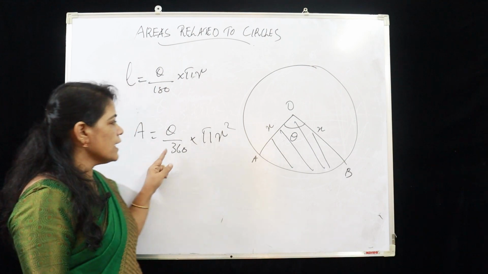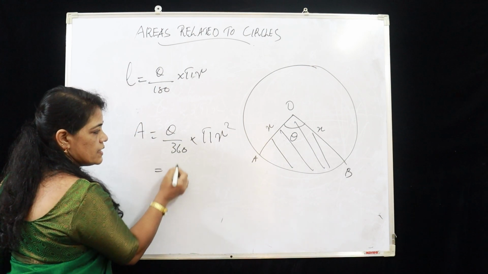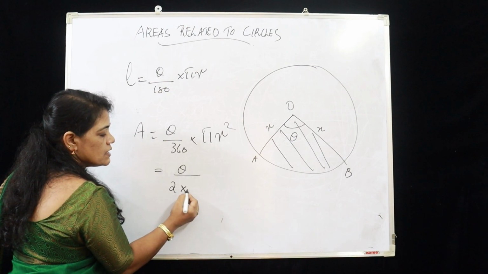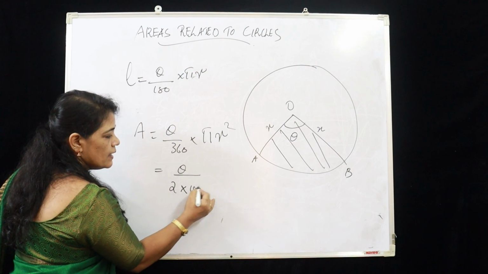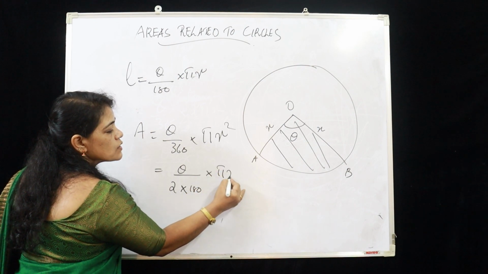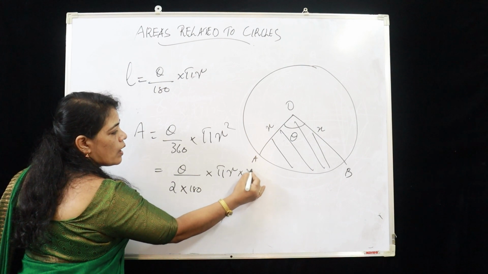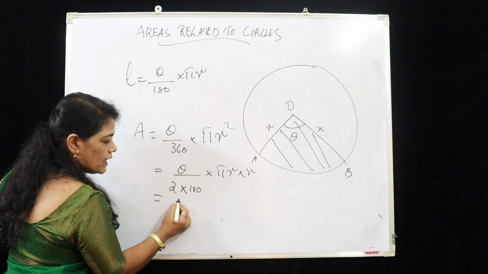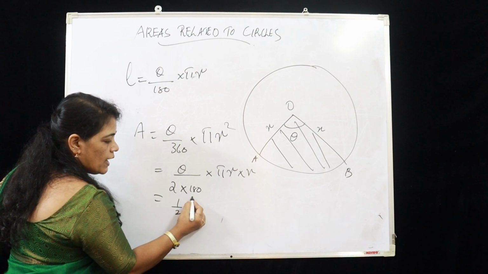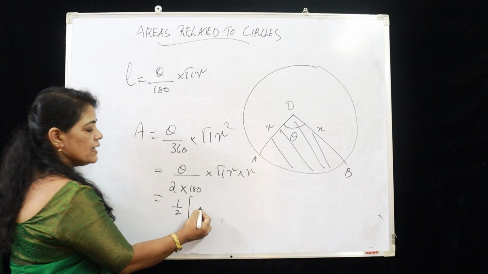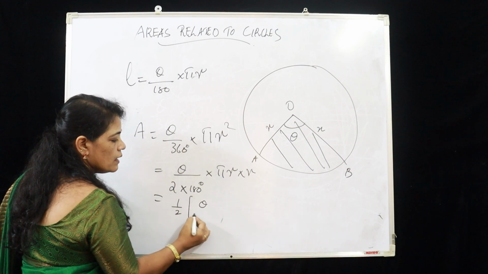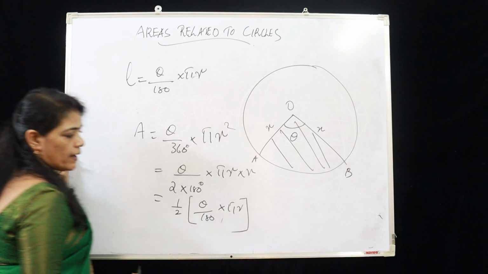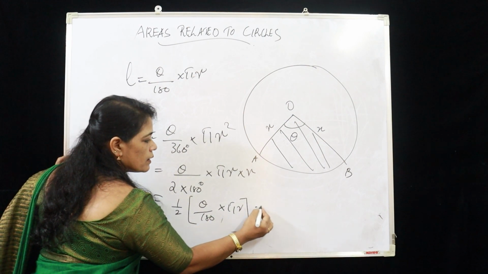If you rewrite this theta by 360 as theta by 2 into 180, then pi r square can be written as pi r into r. I am taking from this theta by 2 into 180 the 1 by 2, and theta by 180 into pi r, I am making a pair group, and into r.